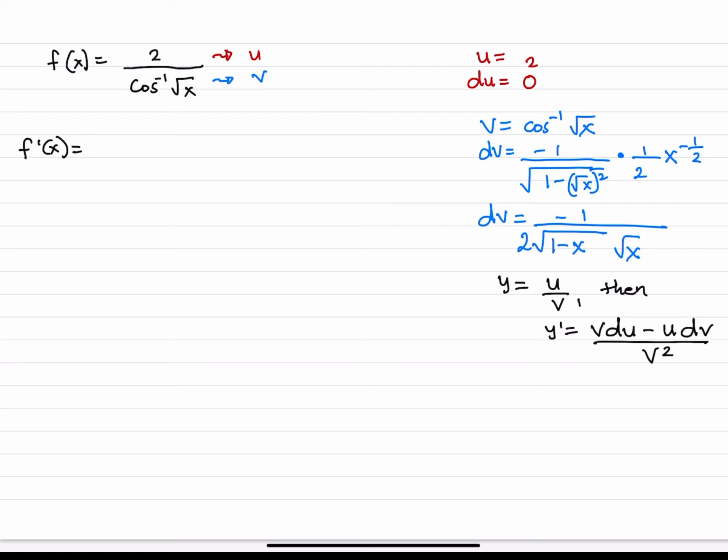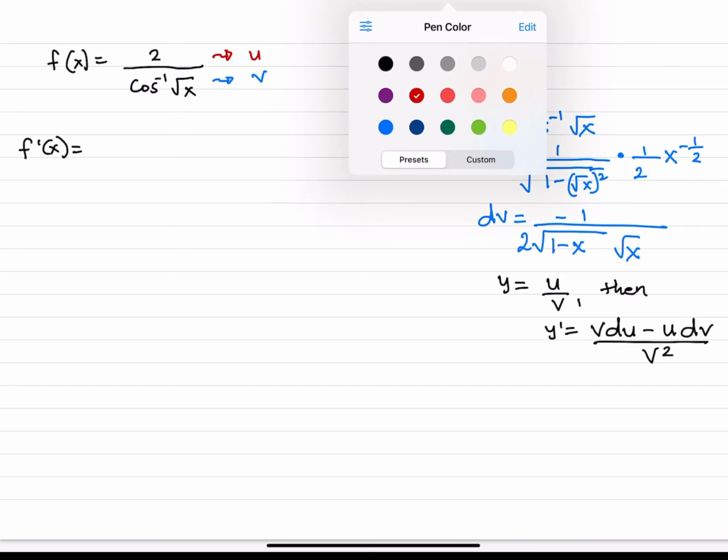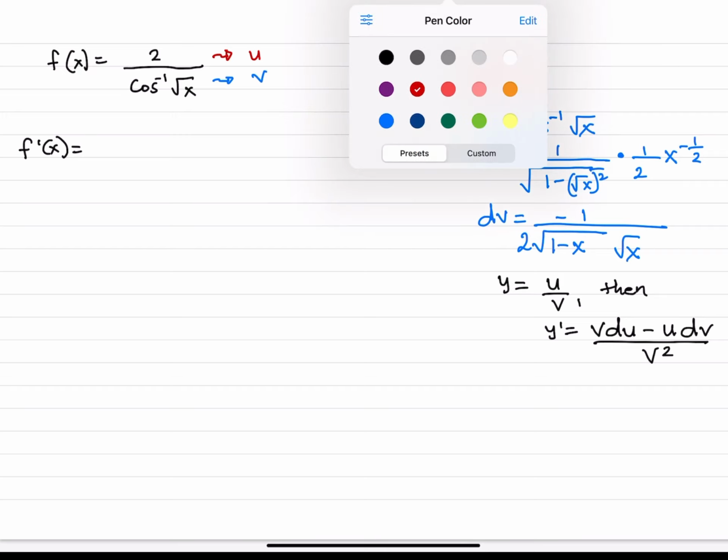So let's apply that here. F prime of x therefore equals v du minus u dv.